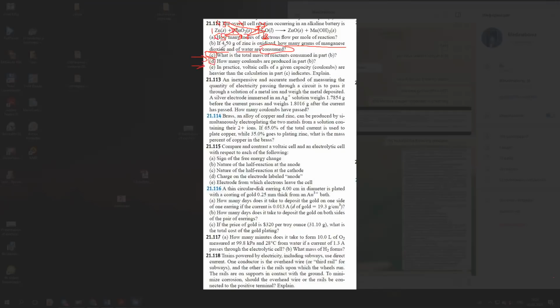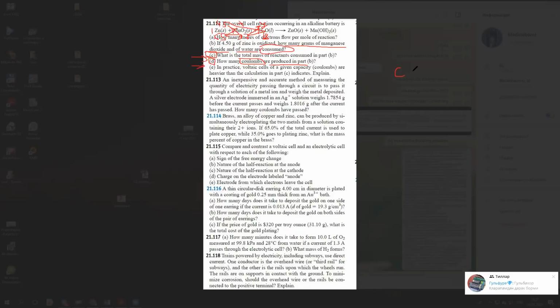Let's see the D. D says how many coulombs are produced in part B. By the way, what is the coulomb? Electrical charge.